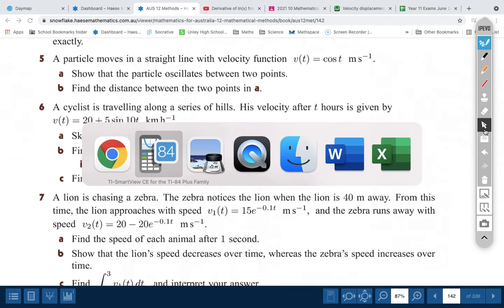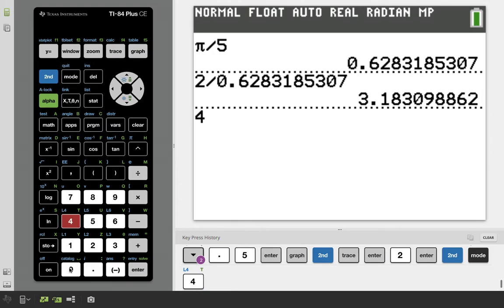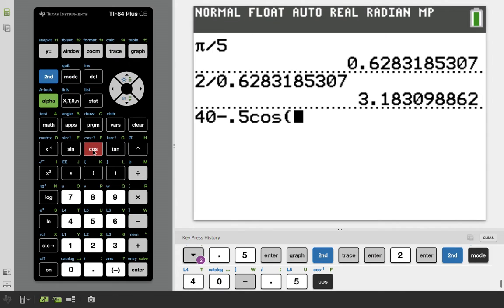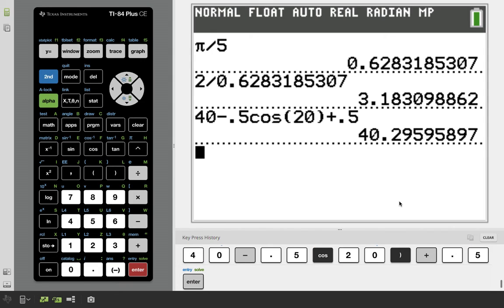All right. And then we have to add 1/2 on the end. We get 40.3-ish. And while I was doing that, I was checking up here that my calculator was in radians.